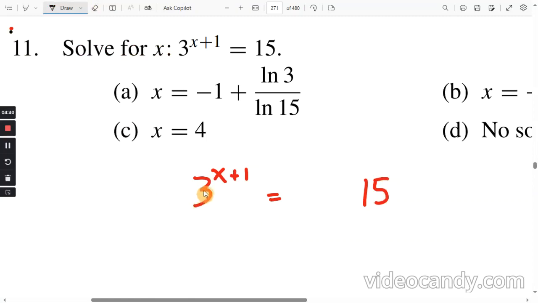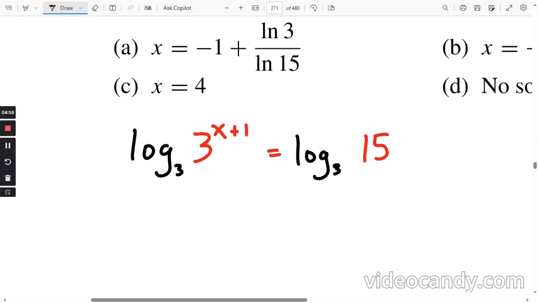But since we have a base 3 right here, I am going to use log base 3 on both sides. If this had an exponent with an x in it as well, it wouldn't make sense to use log base 3. You would use log or natural log. But in this case, the 3 and the 3 cancel, and x plus 1 equals log base 3 of 15.